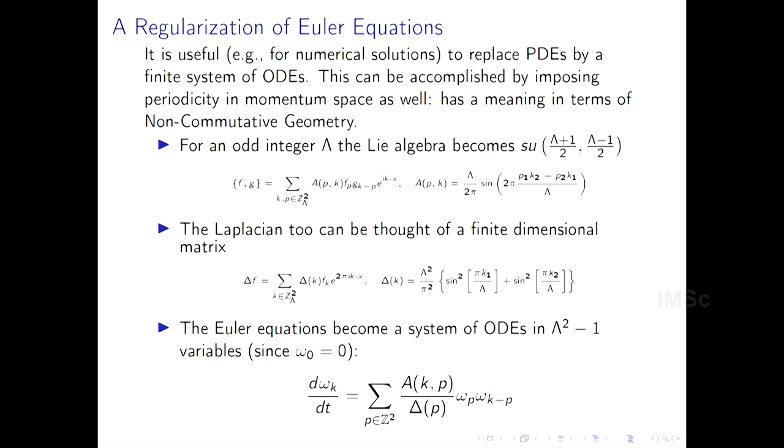So instead the structure constants are these functions A, and these are the modified versions of the Laplacian. And now these are fairly simple to solve. And this way you can see quite a lot of interesting phenomena about two-dimensional fluid mechanics. And by now it's a fairly well understood thing. By the way, this idea of Hoppe has been sort of rediscovered by people in fluid mechanics about 10 years later.